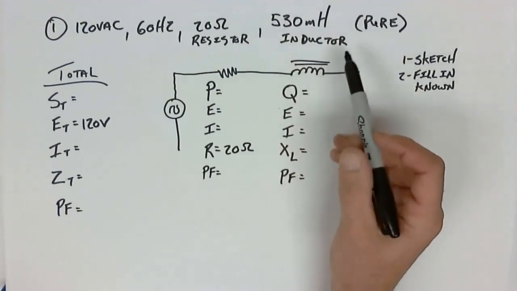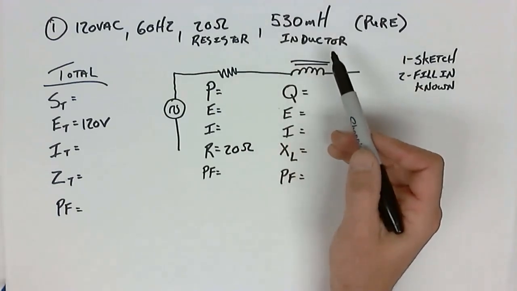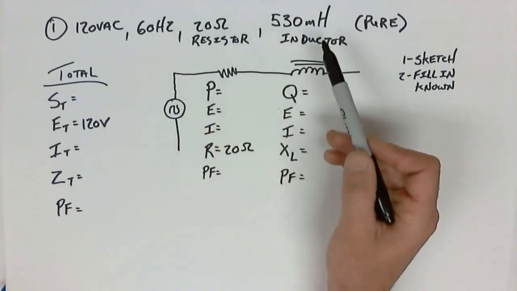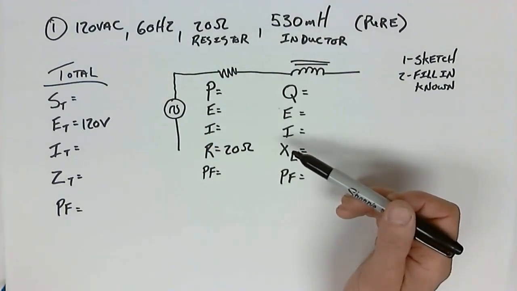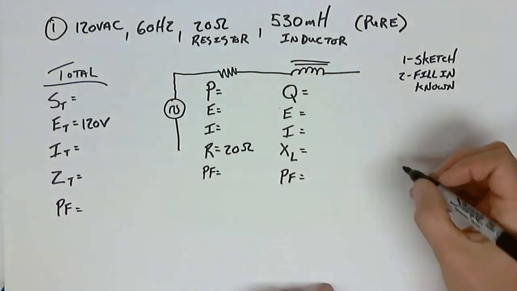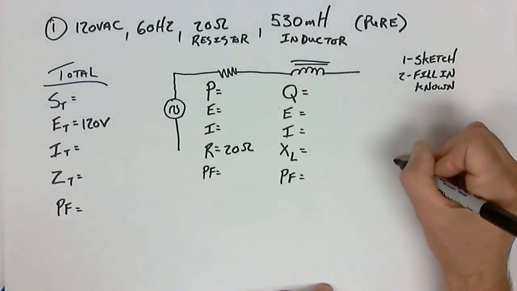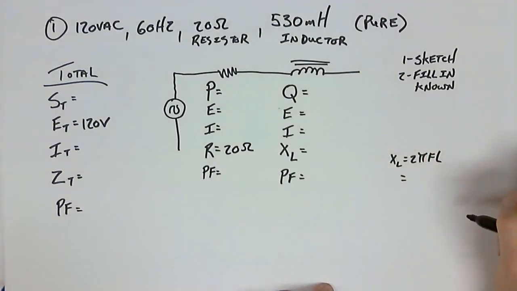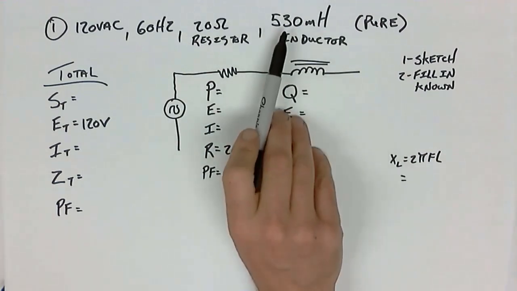530 millihenries is the inductance of the inductor, which means you need to take the 60 hertz and apply it to the inductance to get the inductive reactance. So for us to calculate the inductive reactance, we need to use our formula, which is XL is equal to 2 pi FL. 2 pi FL will equal, well, 2 times pi times 60 times 530?